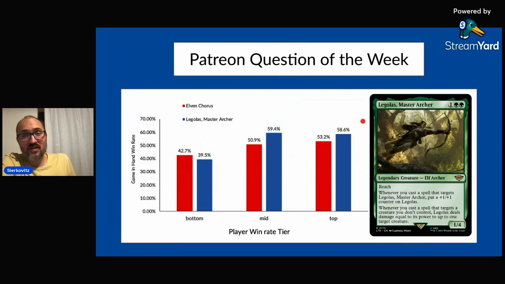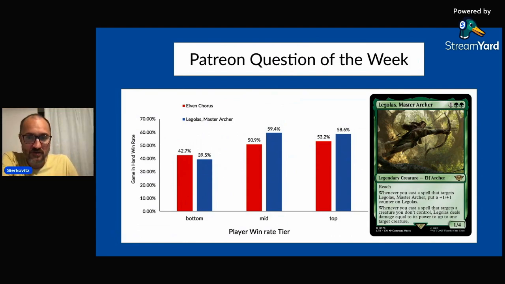So weirdly, mid-tier players do better with Legolas for some reason. It would be interesting to see why they do particularly better with Legolas. But also top tiers do much better with Legolas, while the bottom tier players do better with Elven Chorus. And this for me is a big signal that this is actually a card that is just bad.